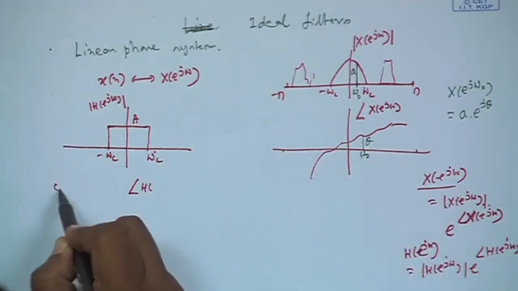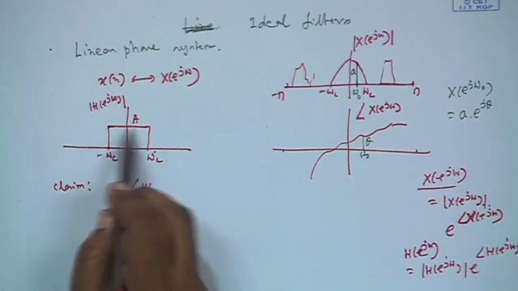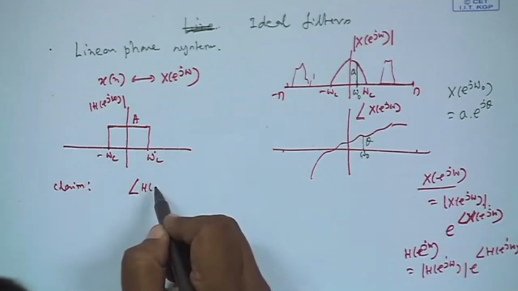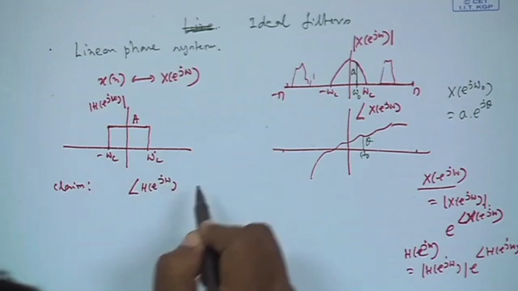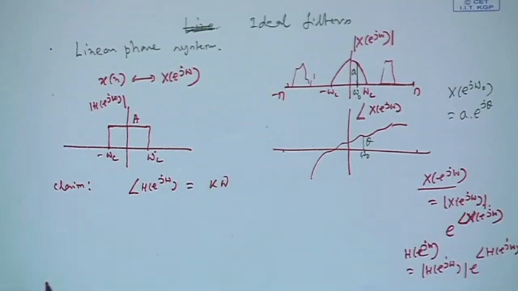Our claim is that it is not enough for the magnitude only to be constant within this band. You have to tell about the phase. So, the phase, the claim that this should be just a constant multiple k times omega, a straight line.